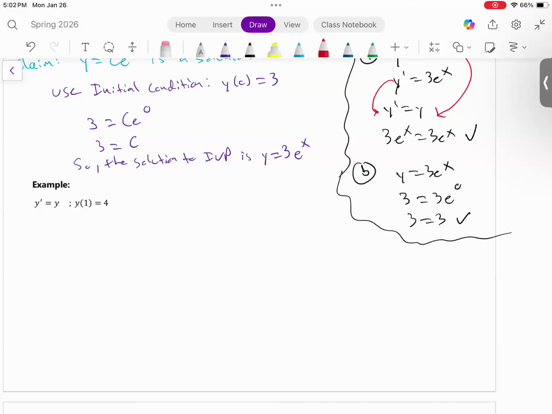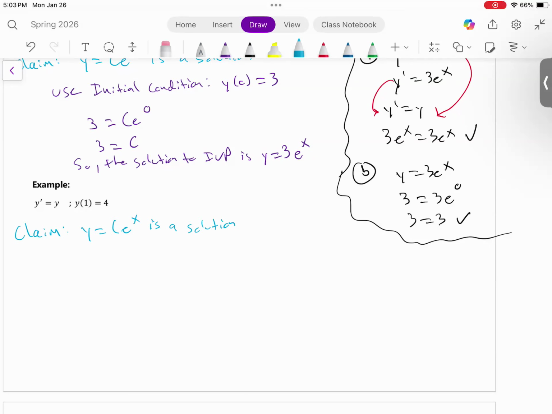Okay, welcome back. Hopefully you gave this one a shot, but it's pretty similar to what we were working with in the previous example. So I'm going to claim that same thing: y equals c e to the x is a solution. Trust me on that from our previous work.